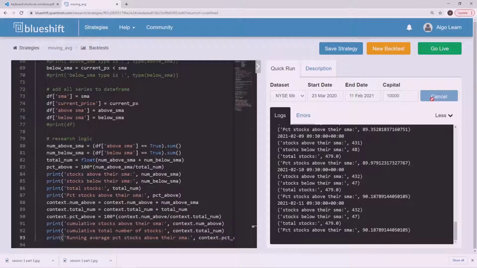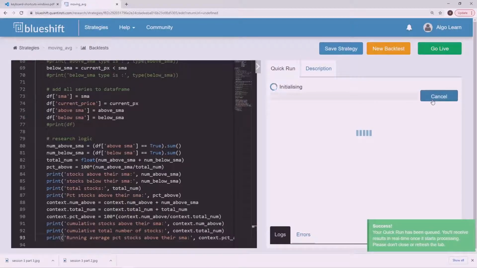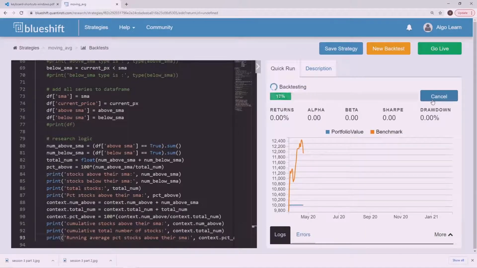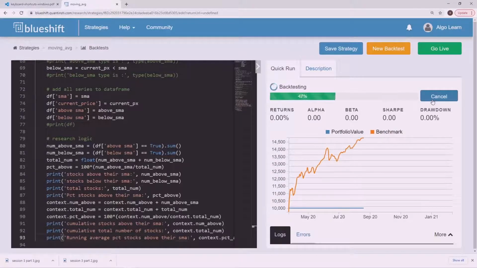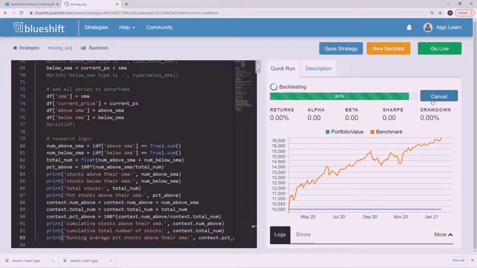Let's go ahead and see. Hopefully we don't have any syntax errors so we can get the answer straight away. All right, so far so good. Just running the backtest here on our research logic, and we'll see where we're at.